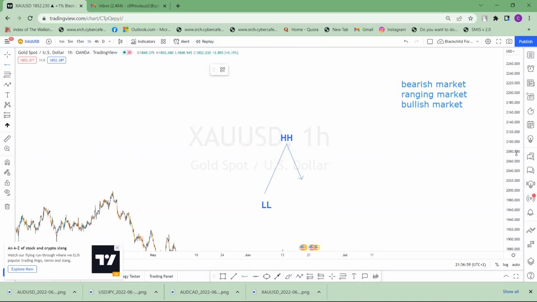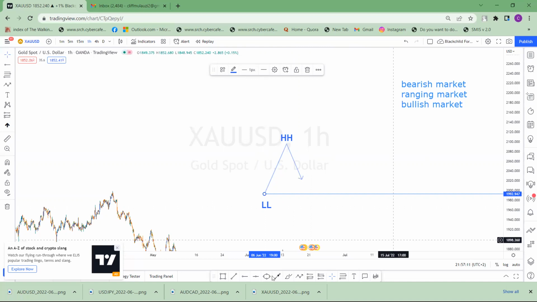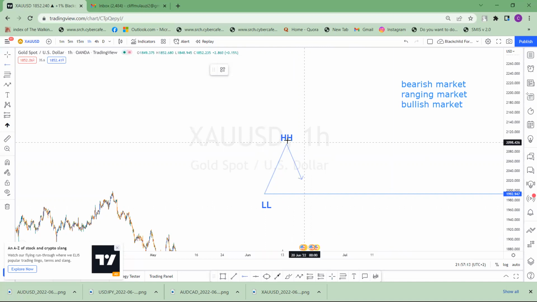Everything that is happening in the market is telling you the price. So in this case, let's say 1992 is the lowest price, and 2096 is the highest price.